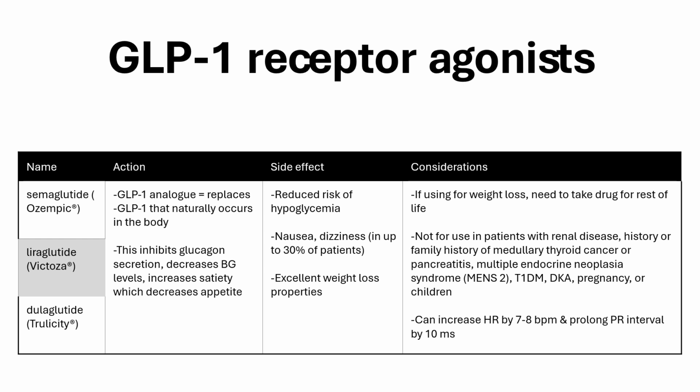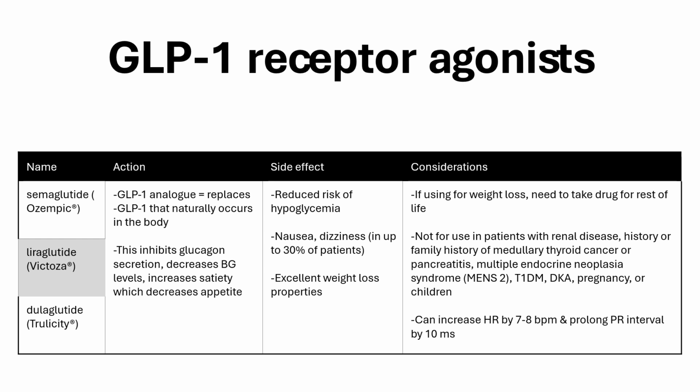Some of the side effects: there's definitely a reduced risk of hypoglycemia. We're giving this in people who don't even have diabetes, so it's really not a huge issue, but if they are on insulin plus a GLP-1, as the GLP-1 dose increases, they'll need to decrease the insulin dose so that they don't have hypoglycemia.